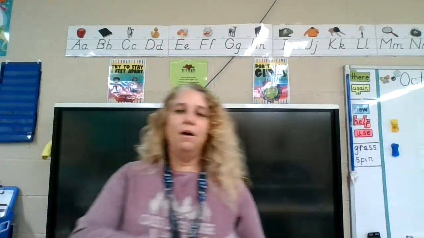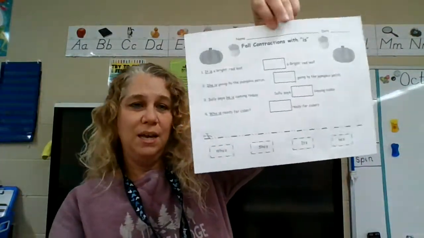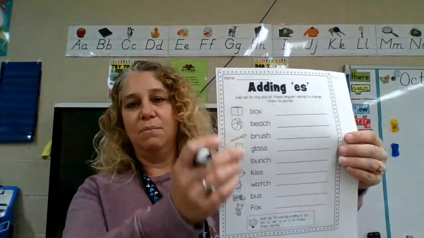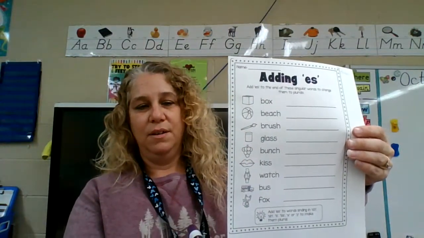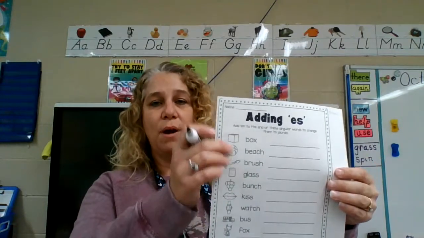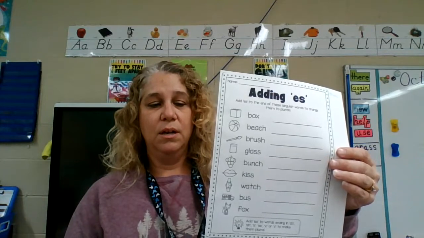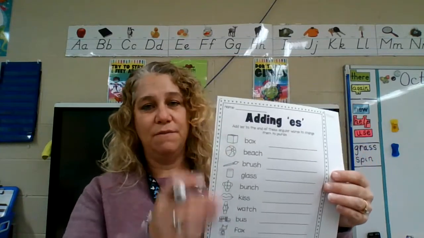Okay, so now we have to do this side first, because on this side we're going to be cutting, and it's going to cut our pictures off. So if you want to color these, you might want to pause me and do that first, because you're going to be cutting those off and gluing it back here.